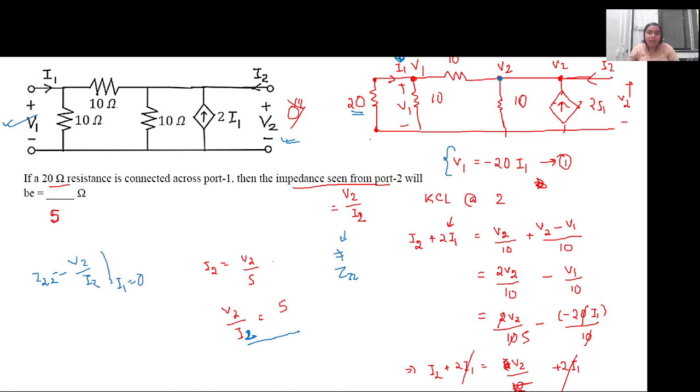In this case, I1 most definitely may not be 0, because a 20 ohm resistance is connected and there has to be some current flowing. Under certain conditions it may be possible that I1 is 0, but as of now I1 is a non-zero quantity, and hence we cannot write this ratio as Z22. It will be just a simple ratio of V2 by I2 under the conditions that are given.